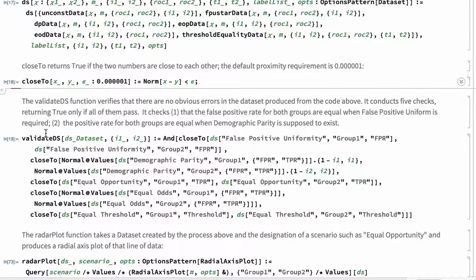And I also write a little function that makes sure that my data set makes sense. So I'm going to make sure, for example, that in the demographic parity line, the positive rate is equal for both groups, or that in the equal threshold line, the thresholds are equal. So that's what that code's about.